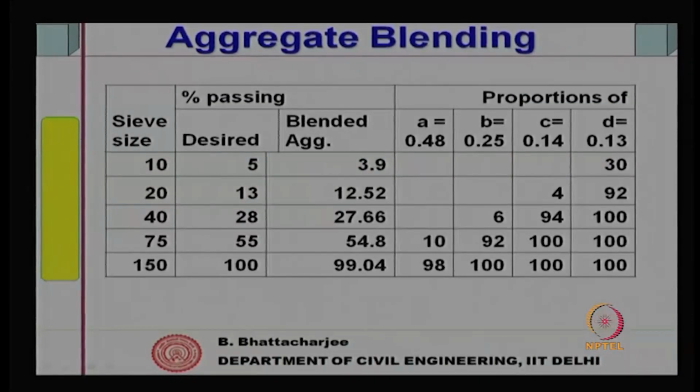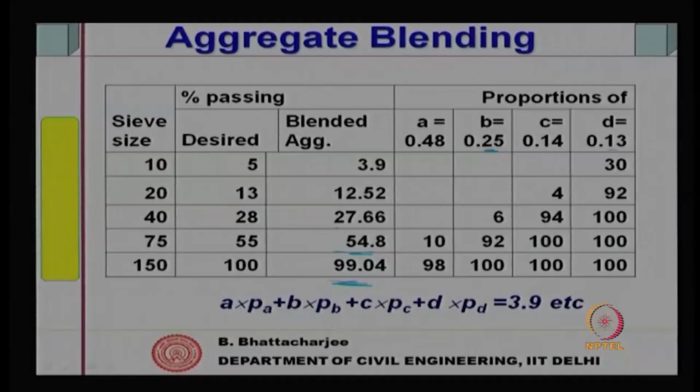This is the proportions of each one of them will be this, and the blended aggregate quantity I can calculate out, because I know 150, this is my desirable, 98 into 0.48, 100 into 0.25, 100 into 0.14 and 100 into 0.13 gives me 99.04, 10 into 0.48, 92 into 0.25 and 100 into 0.14 and 100 into 0.13 will give you 54.8 and so on, and if you calculate out all of them, you get the blended aggregate.